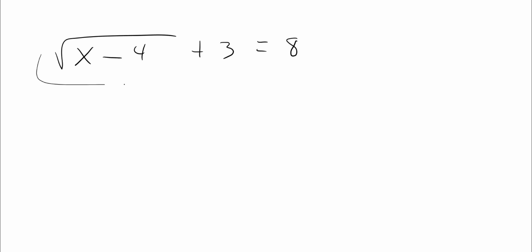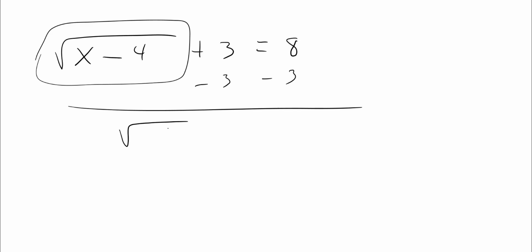So, we already did a problem like this. Let's just do another one. So square root of x minus 4, plus 3, is equal to 8. So what are you going to do first? Remember, this has got to be all by itself before you can square both sides. So I'm going to subtract 3, get rid of that.